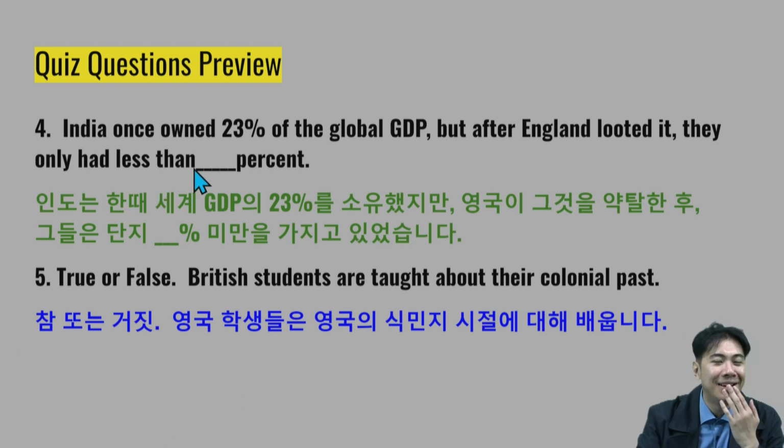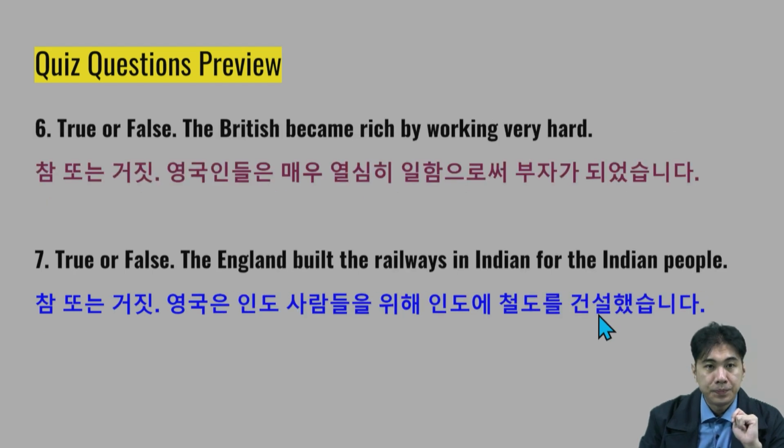I gave you the answer. Anyway, that is free. Number five, true or false? British students are taught about their colonial past. Is this true or is this false? Number six, true or false? The British became rich by working very hard.